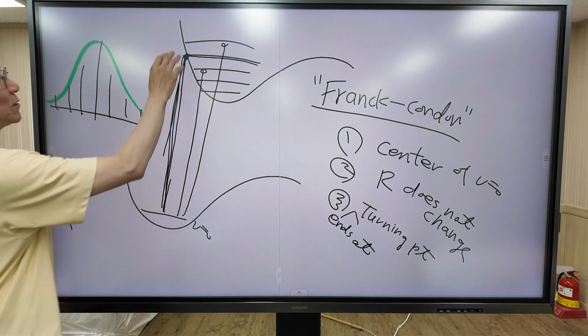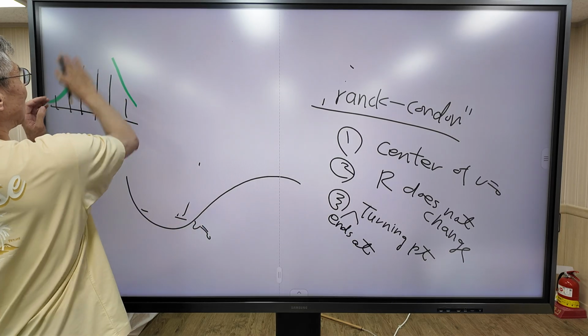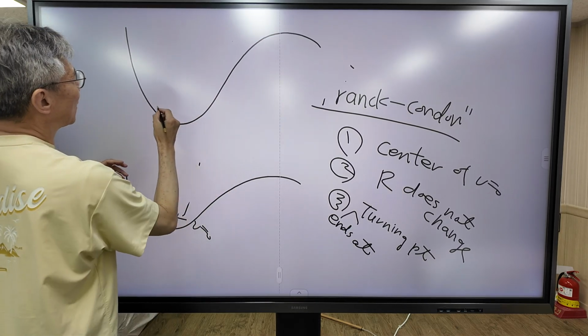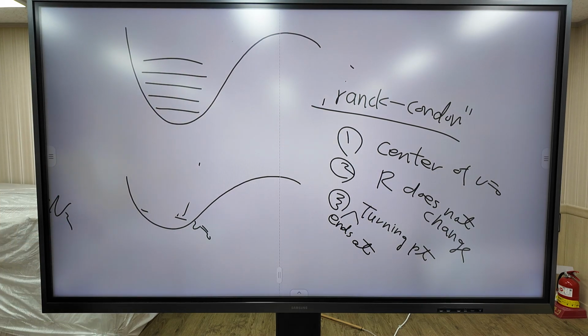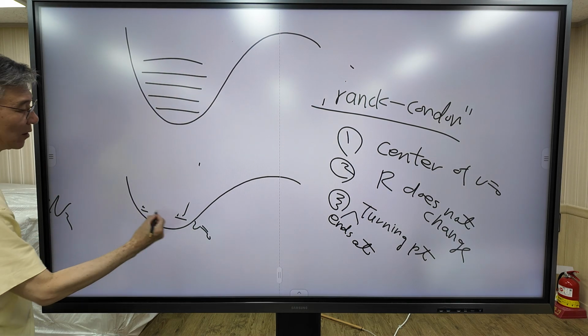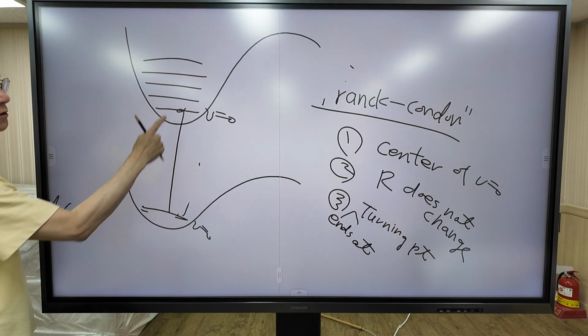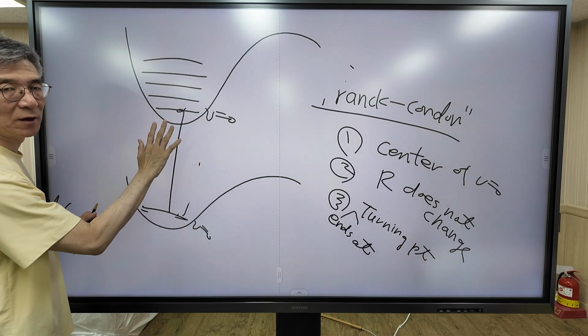Now consider what happens when the potential energy does not shift. So the potential energy moves upward parallel. In this case, the most intense transition corresponds to V equals 0 to V equals 0. This is the most intense transition when the potential does not shift.